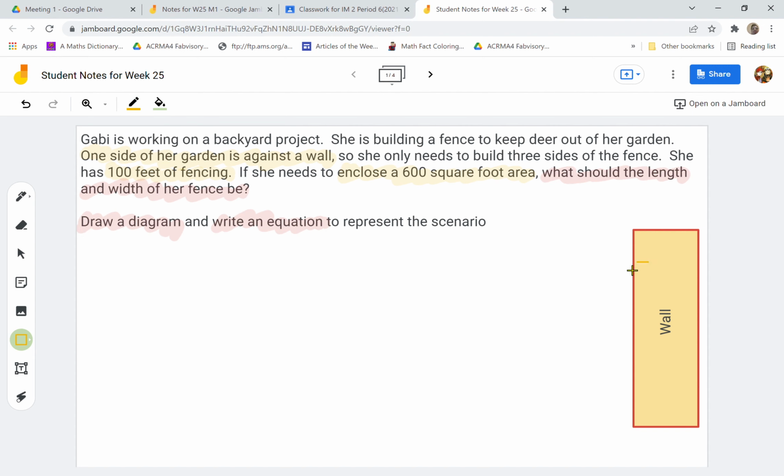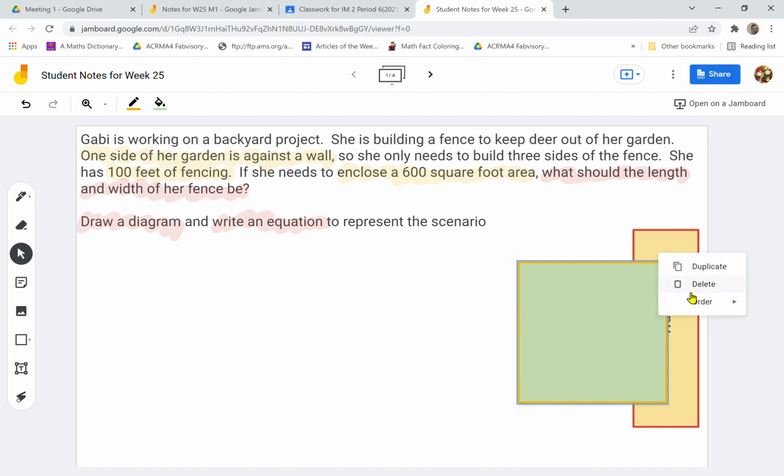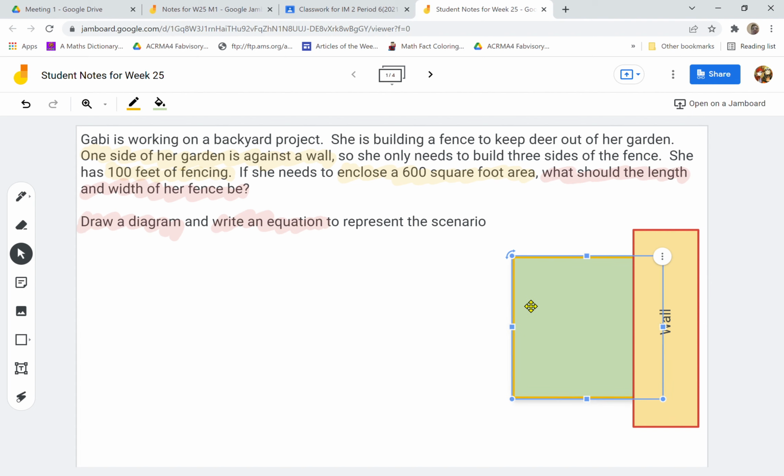I need it to look something like this. And then I'll move it to back so we could see it.